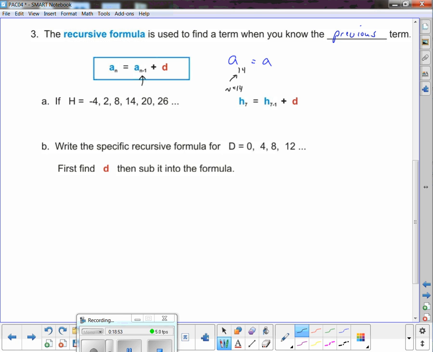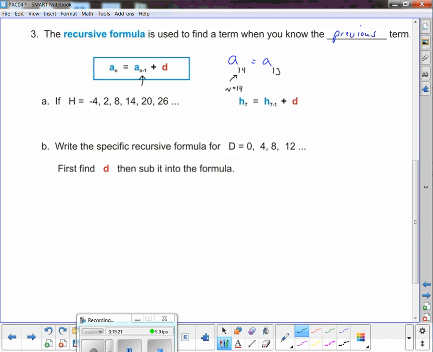Therefore, what does a sub n minus 1 mean? Does that make sense to anybody? If n is 14, a sub n minus 1 must be what, Ashley? A sub 13, exactly. And what does a sub 13 represent? Colby? Perfect. Exactly, right? The 13th term.